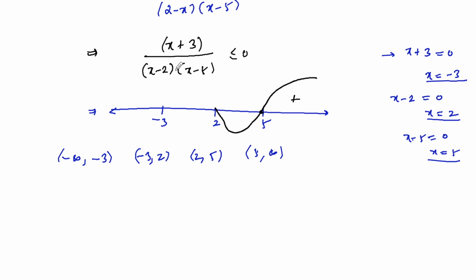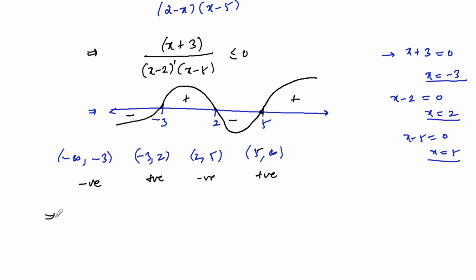And again at 2, the power of x minus 2 is 1, that's an odd power, so again it changes from negative to positive, and again at x is equal to minus 3, it changes from positive to negative. So by the Wavy curve method we can decide the sign. In minus infinity to minus 3 it is negative, in minus 3 comma 2 it is positive, in 2 comma 5 it is negative, and in 5 comma infinity it is positive.